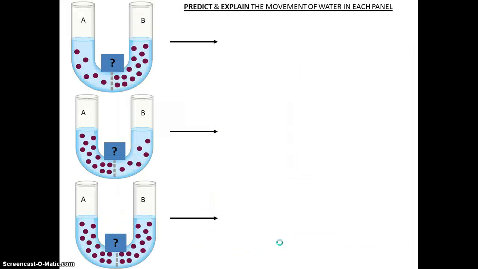Okay, so looking at this picture again, predict and explain the movement of water. So in the first one, which direction would the water move? So A we would describe as being what? Hypotonic, where B is hypertonic.